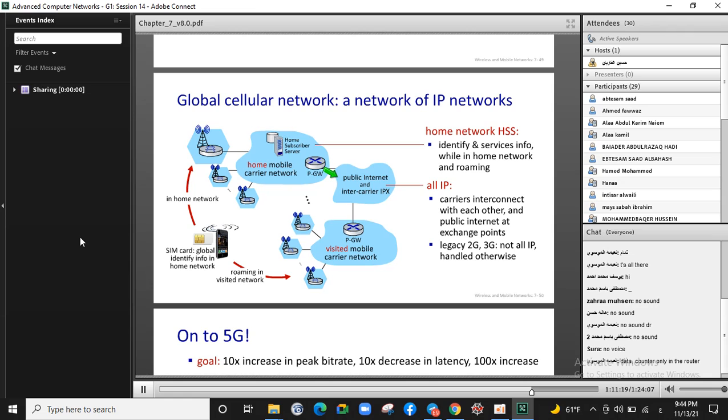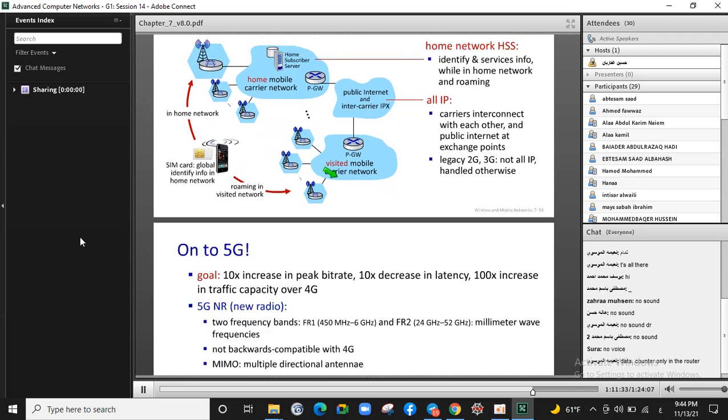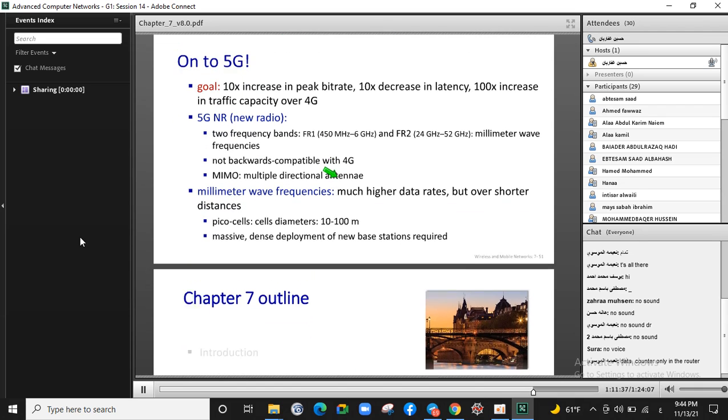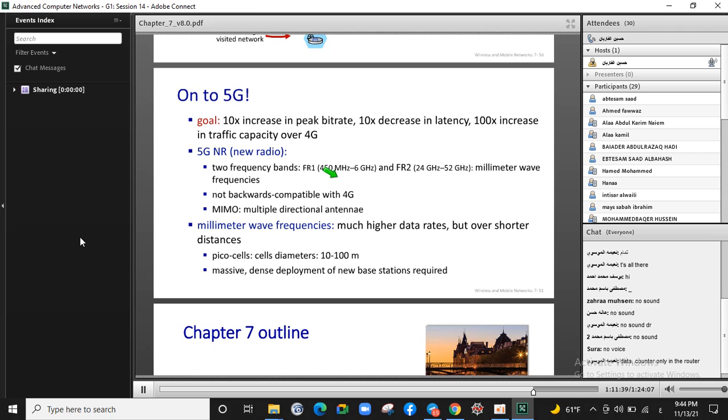But here in 4G, everything is on IP. Everything. And we talked about the benefits of IP and datagram networks in the past in chapter 1.